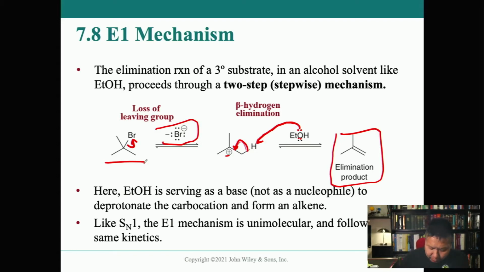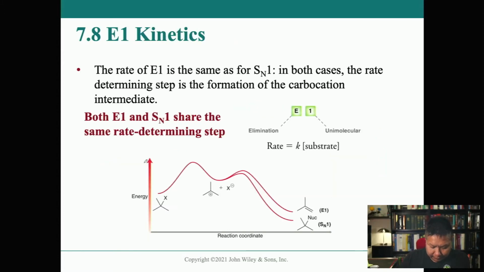So, like SN1, the E1 mechanism is unimolecular and follows the same kind of kinetics. The rate of E1 is the same as SN1. In both cases, the rate determining step is the formation of the carbocation intermediate.